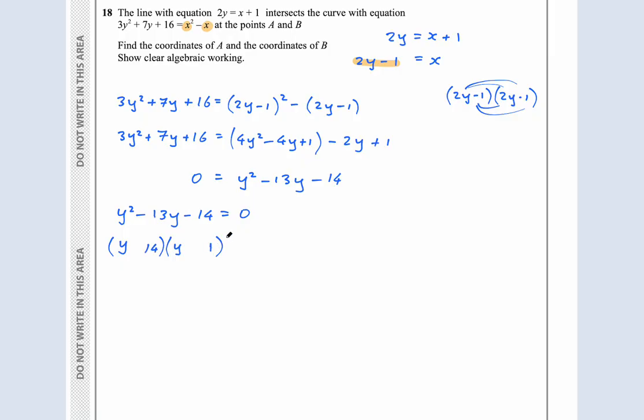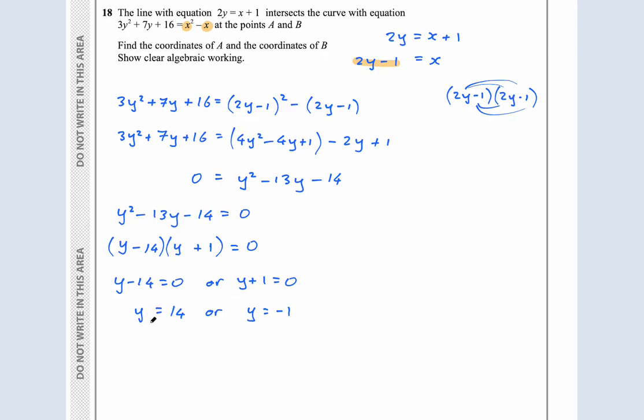The sign of the 14 being negative means the signs are different, and the middle term being negative means the big one has to be minus, so it's minus 14 plus 1. So y minus 14 equals 0, or y plus 1 equals 0, hence y equals 14, or y is equal to negative 1.